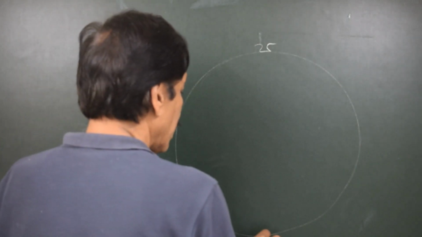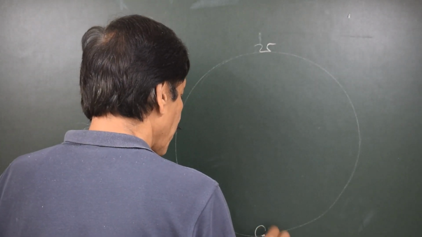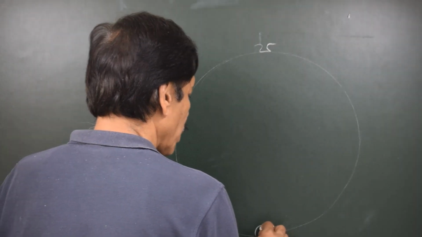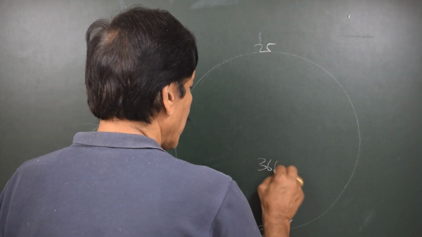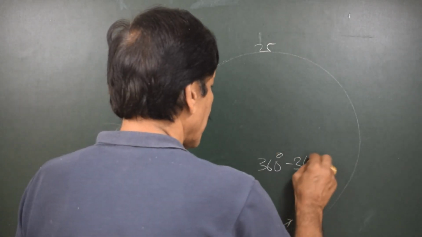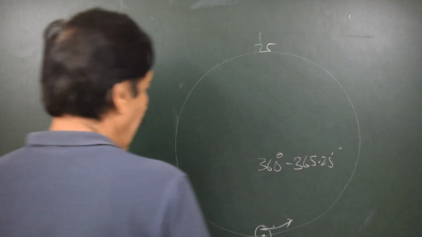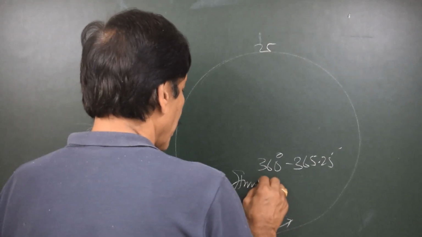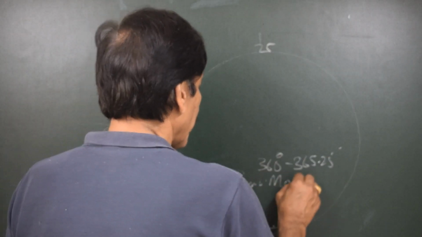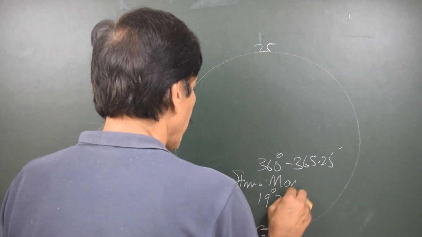And let us say for the timing the sun is here. Now the sun's movement eastward is completed this way, 360 degrees, in 365.25 days. And the ascending node's annual movement is 19 degrees 21 minutes.